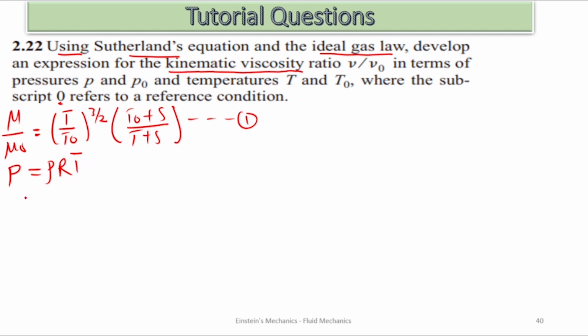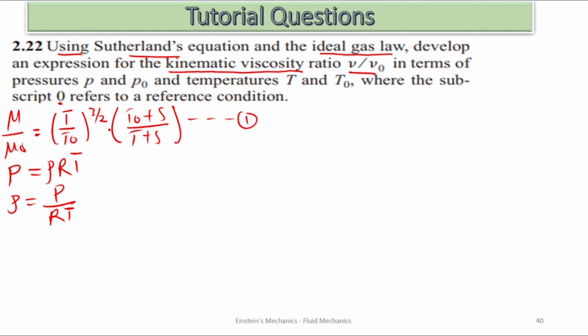Are we good? So from here, I can make rho the subject. That's density, which is pressure on RT. Pay attention. So we are proving the formula to transform this equation into a form of kinematic viscosity involving pressure, temperature, and Sutherland's constant.